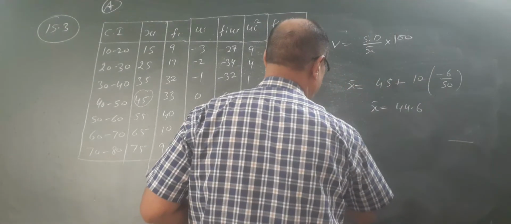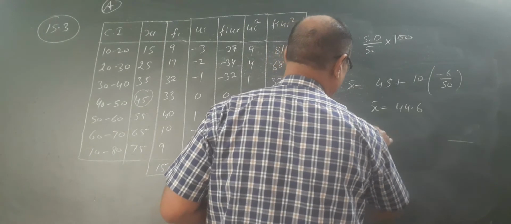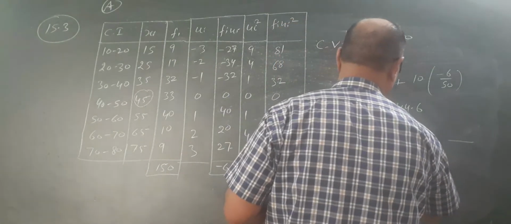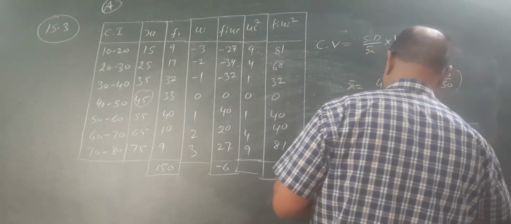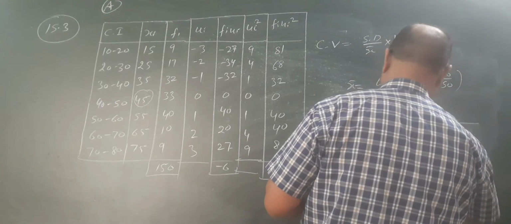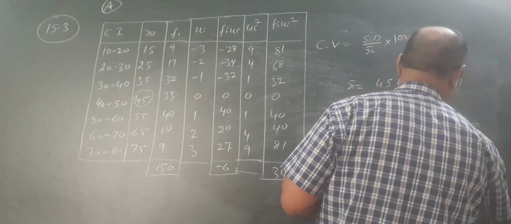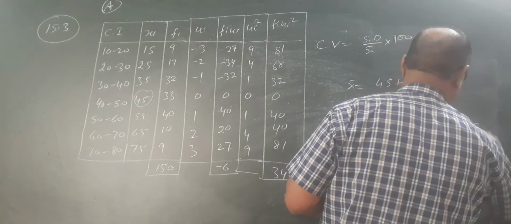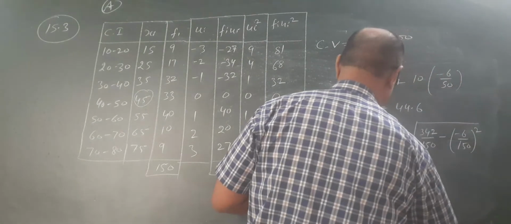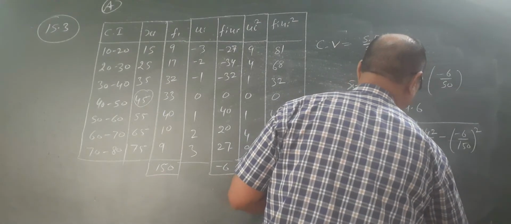Now find its SD. The SD, sigma, for the first data is 10 times the square root of 342 upon 150 minus (-6 upon 150) whole squared. By solving this, we get 15.09.